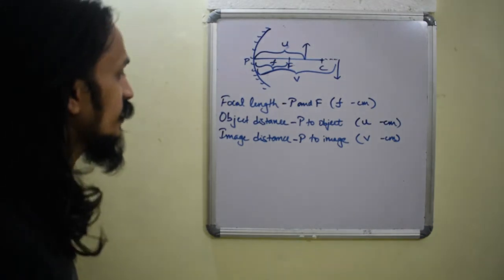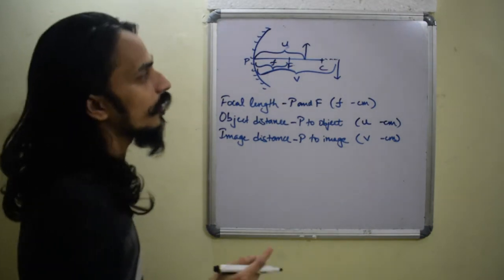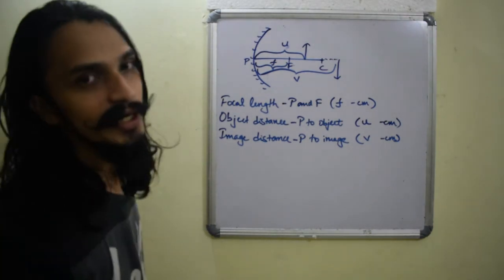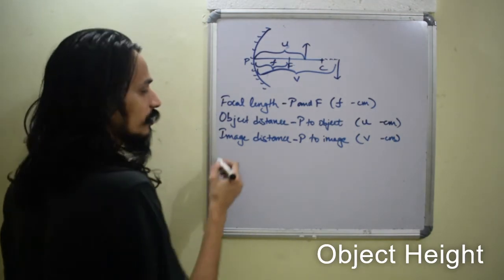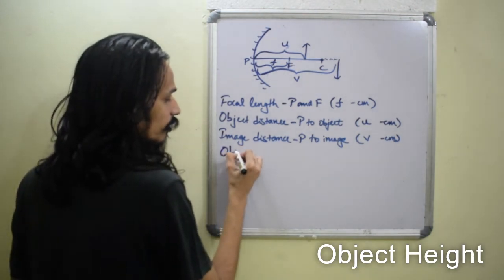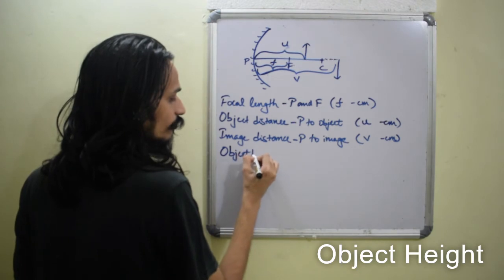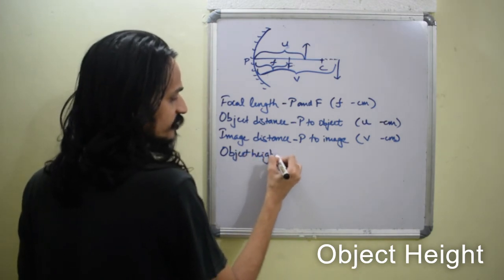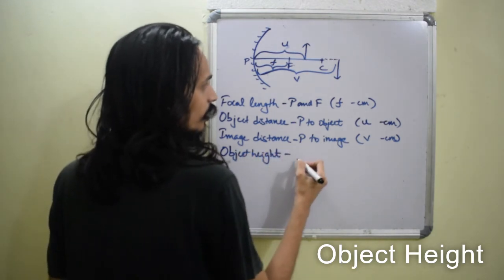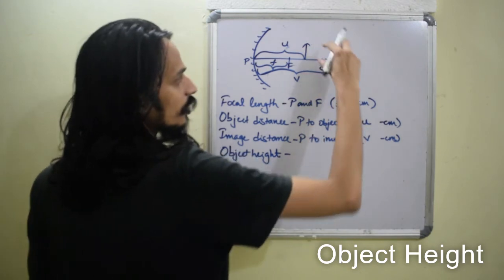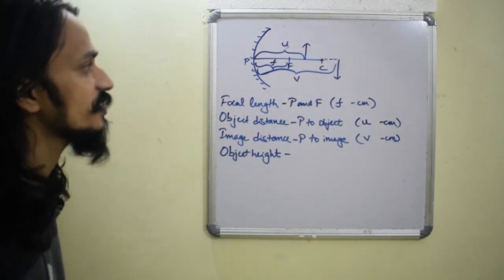Now these are the three things. Two more: one is called object height, the other is image height. Object height, or height of object, it's the same thing. Basically, how tall or how big is the object.